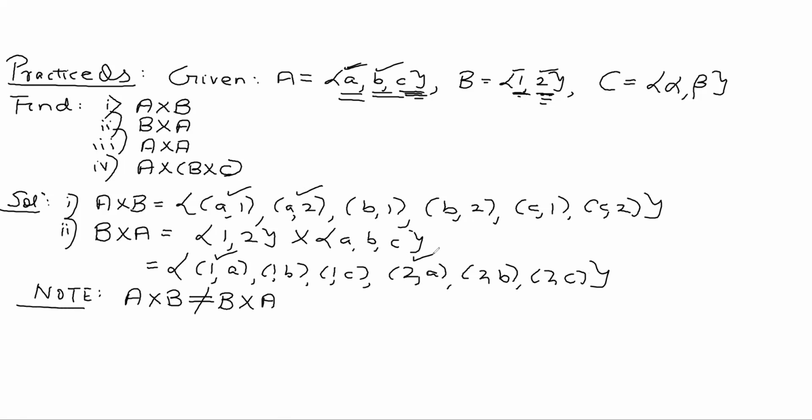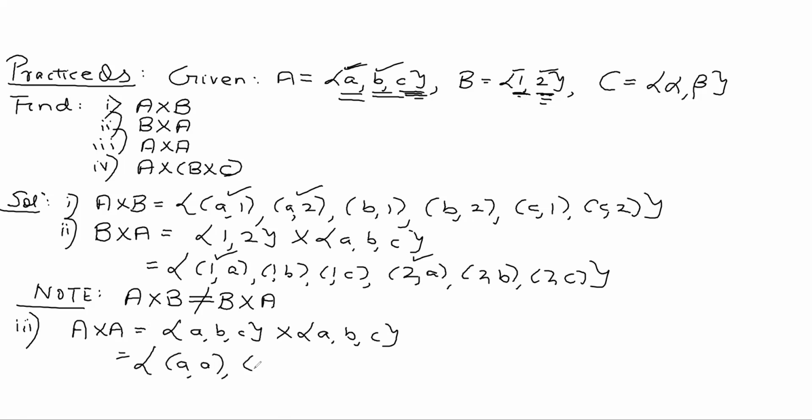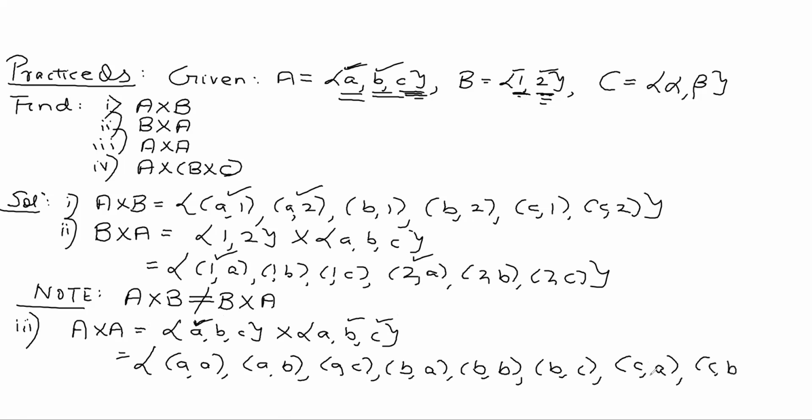Now if I find A cross A, the Cartesian product of {a, b, c} with itself, this will be (a,a), (a,b), (a,c), (b,a), (b,b), (b,c), (c,a), (c,b), and (c,c).